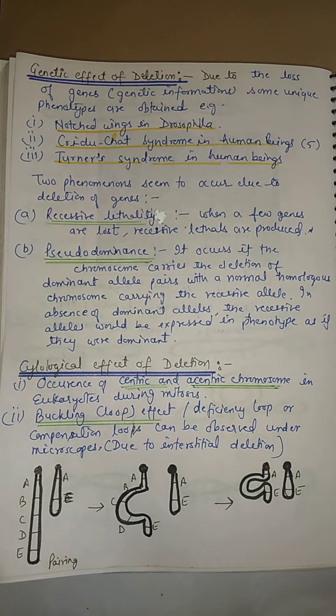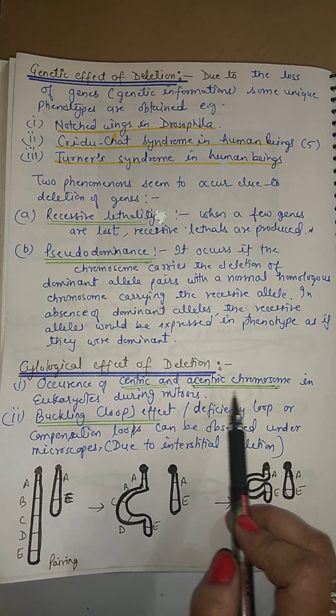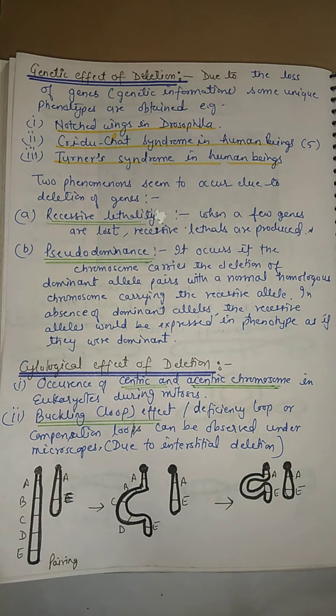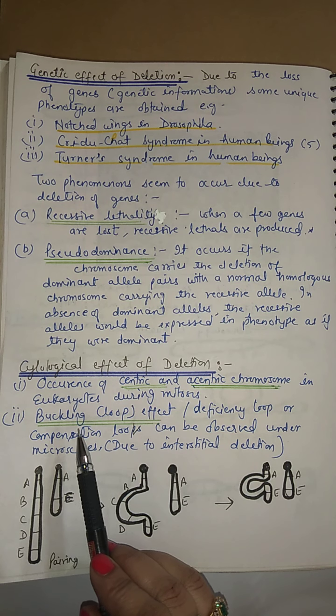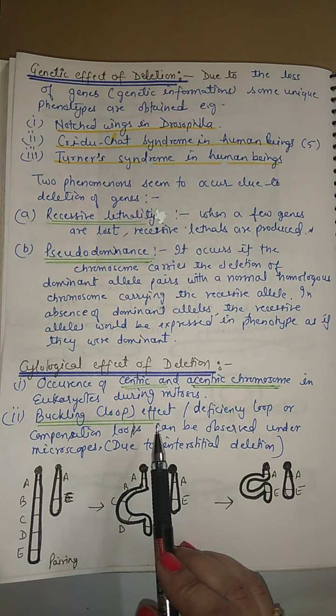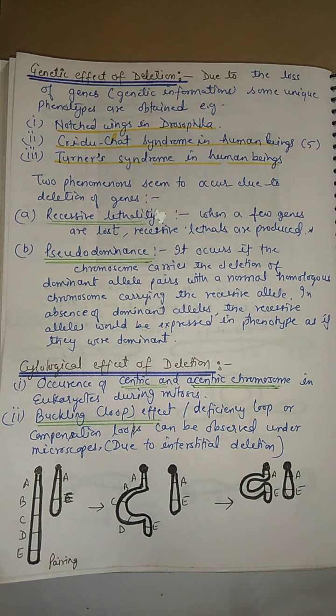The cytological effect of deletion that we can observe under the microscope is the formation of centric and acentric chromosomes in eukaryotes during mitosis due to deletion of segments of chromosomes. The second phenomenon we observe under the microscope is buckling or the loop effect. This is found during synapsis in heterozygotes and was first observed by Stanfield in 1986.